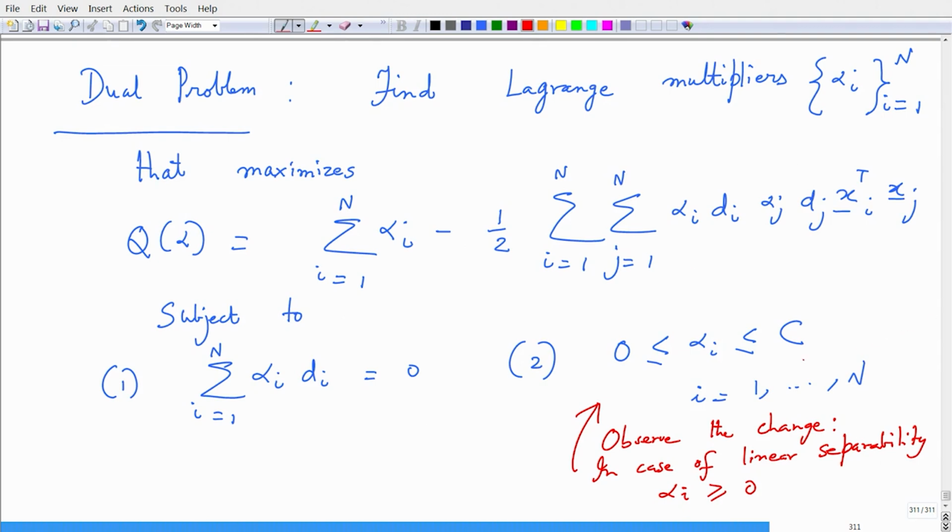Now, I have deliberately skipped the derivation of the dual problem because it is straightforward. So, once you set up the primal problem and you know the constraints, you follow the exact same steps as we did for the linearly separable case and we arrive at the dual problem. You may be exercising this problem on the homeworks.